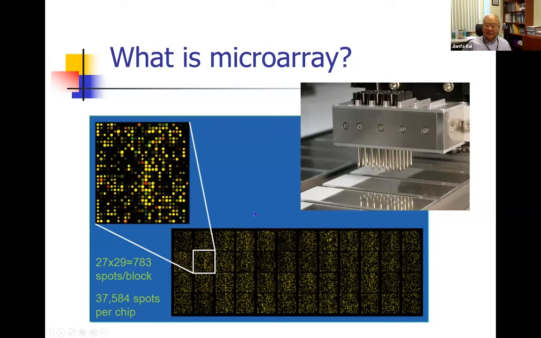So what that means is that you can put all genes of any given organism onto one slide. Then you harvest RNA from treated and untreated samples, then you hybridize onto the slides, you figure out which genes are induced to a higher level by the treatment or suppressed by the treatment.